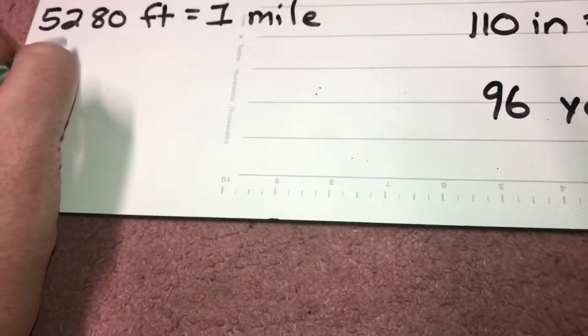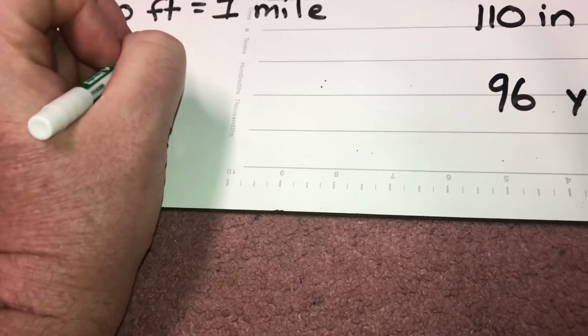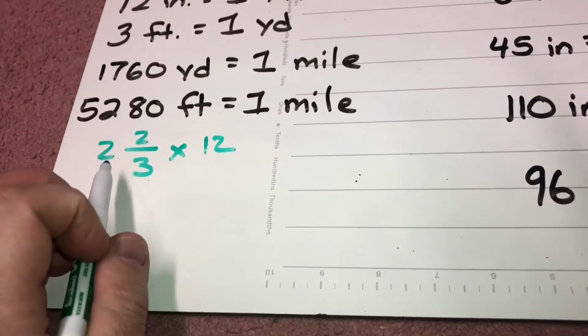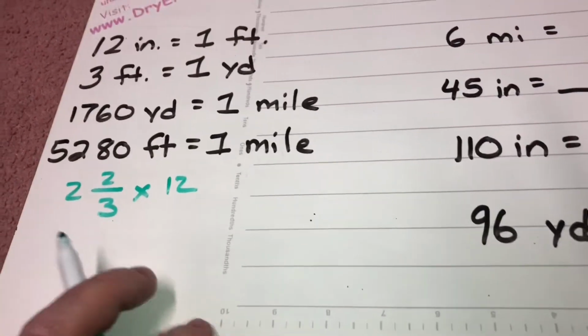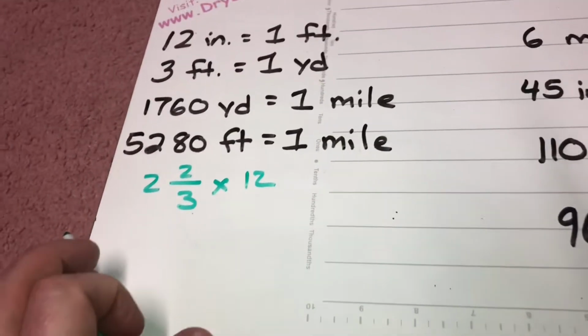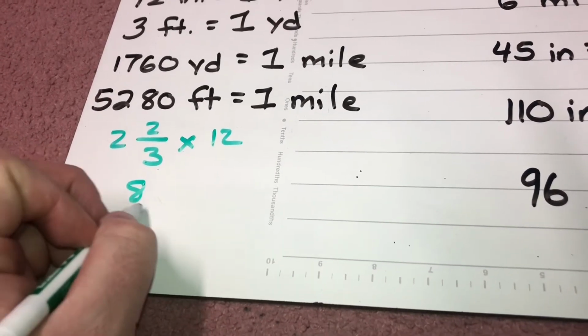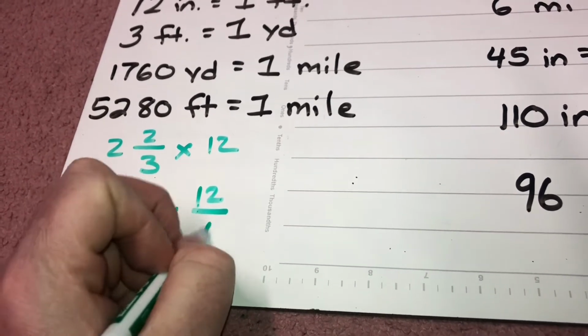So I'm going to come over here, 2 2/3. I'm going to multiply that by 12. All right. 3 times 2 is 6, plus 2 is 8. I can't forget my rules of multiplying and dividing fractions here. So everything's got to become a fraction. 3 times 2 is 6, plus 2 is 8. It's going to become 8 over 3 times 12 over 1.